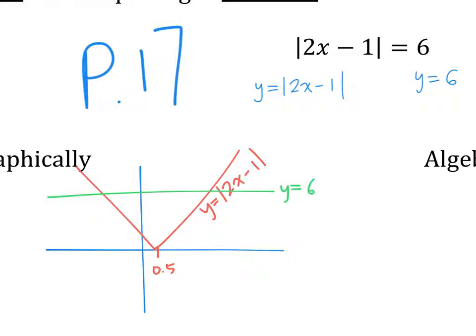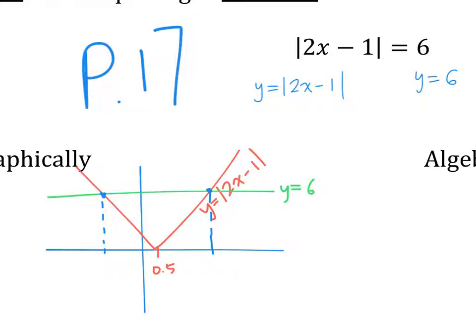The question is, where do they intersect? Or what x values do they intersect? So those 2 points. And so what we do is we're just trying to figure out what x values will make those two lines intersect. So that's one way to think about it. Every time you have an equation, the left-hand side can always be thought of as a function of itself, and so is the right.